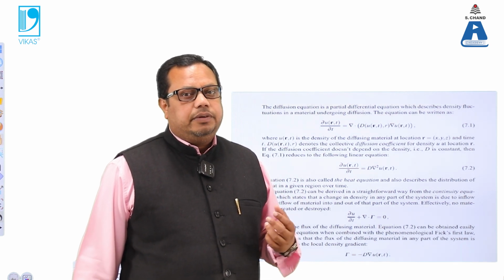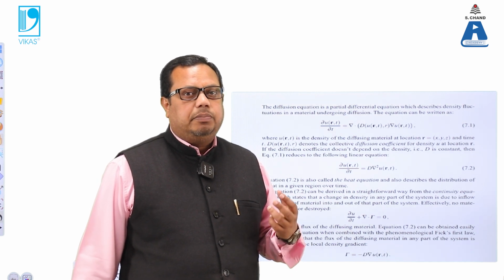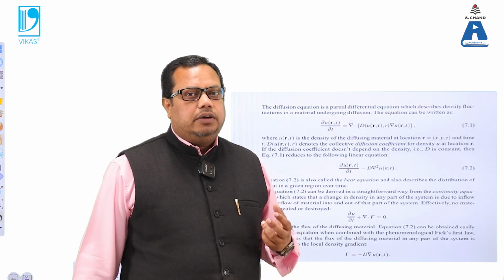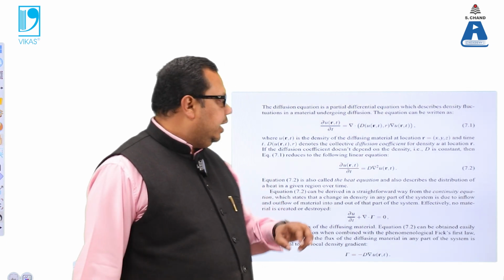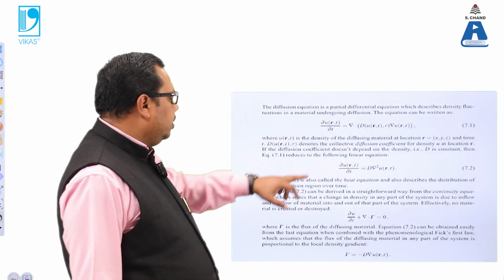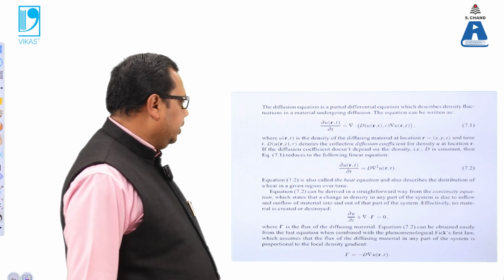The position can be any position on the x, y and z axis. The particular location or point can be evaluated at any point from x, y, z. Then we have a diffusion coefficient here, D(r, t), which we can calculate.